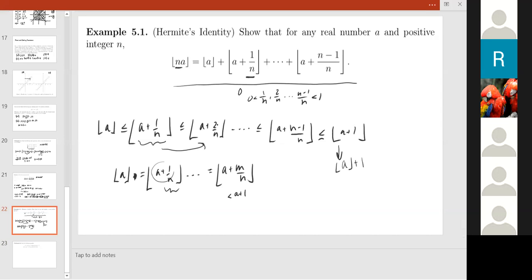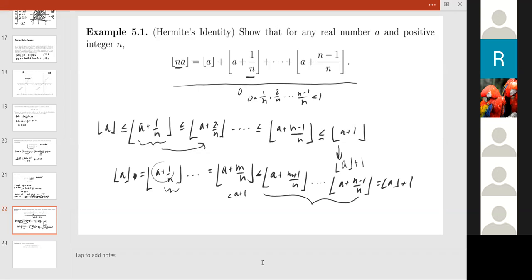We have this is less than a plus m plus 1 over n, all the way up to a plus n over n, which is equal to a plus 1. So this is kind of the spillover point, and then the rest of the terms are going to be equal.